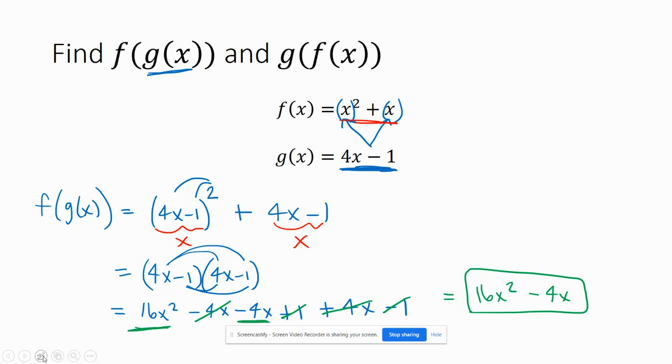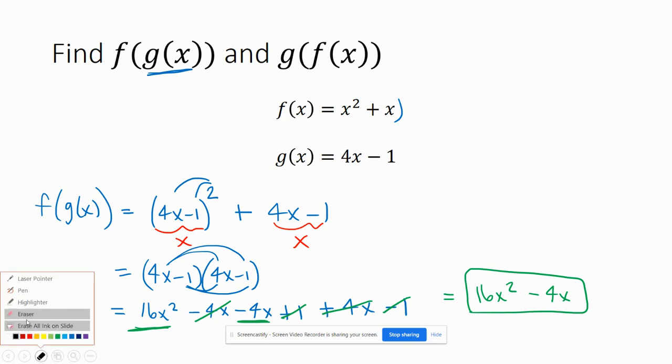Now, if we have to do g of f of x, since f is on the inside, we plug the f function inside the g function, and this time there's only one x.